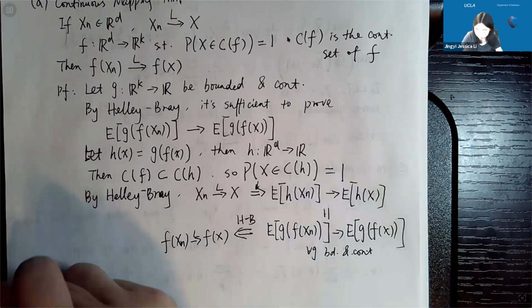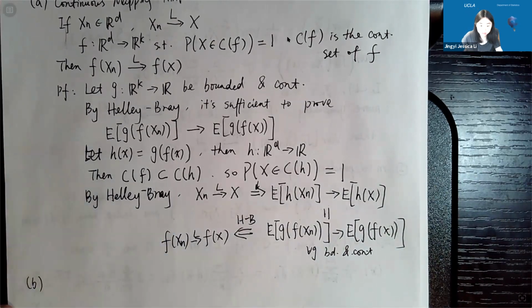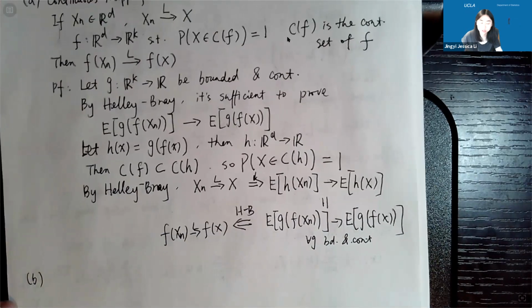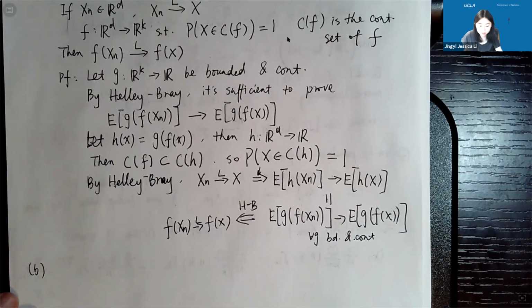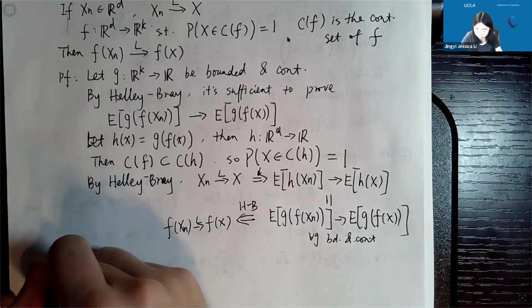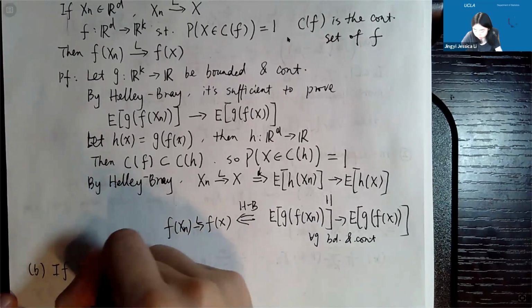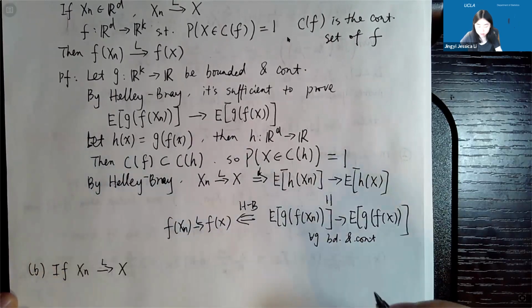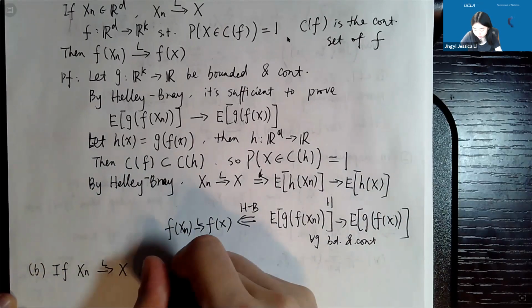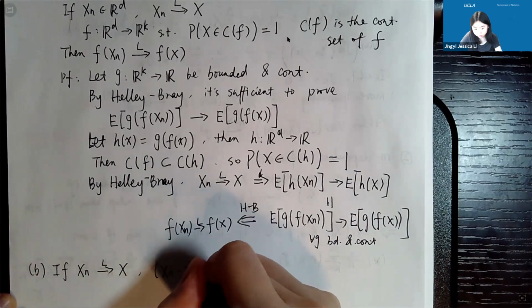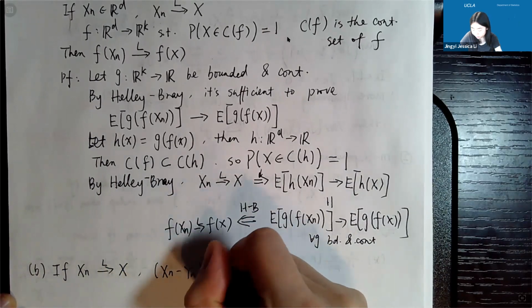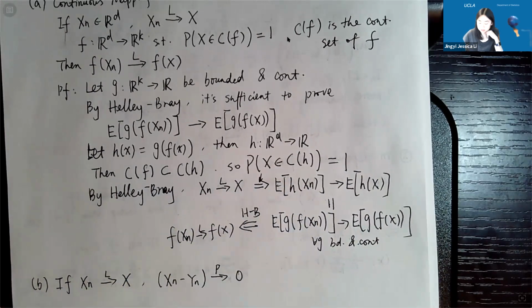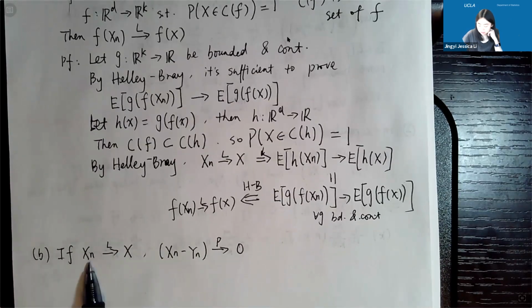The second one is about the combination of two random vectors or variables as a special case. So the second statement is that if we have xn converges in law to x, and xn minus yn converges in probability to 0. If xn and yn are vectors, then the 0 is a zero vector.